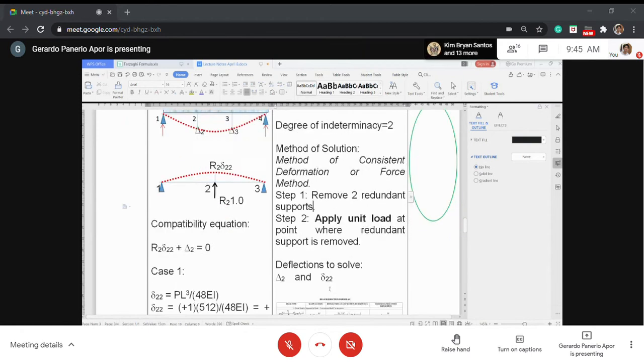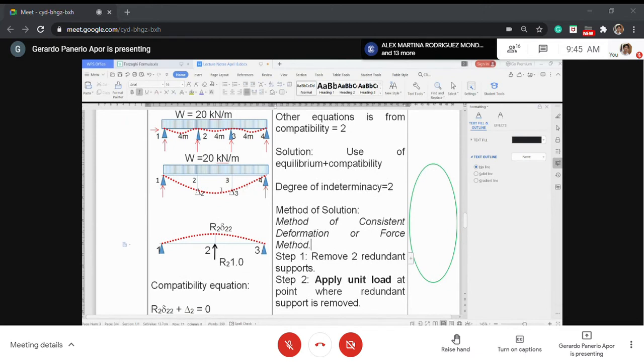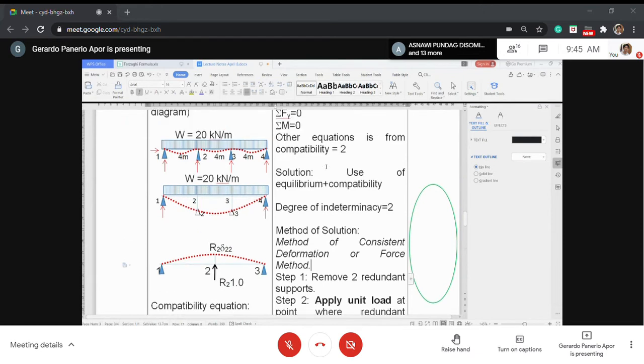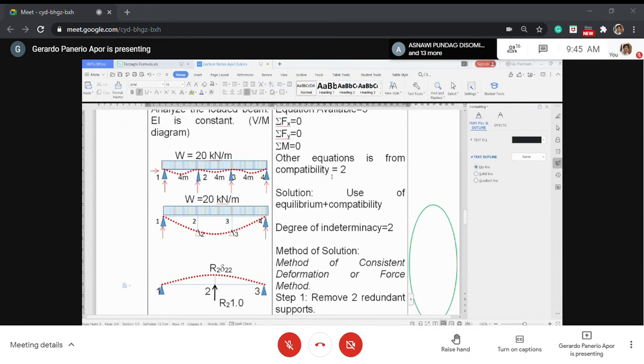So delta 2, so we have to solve the equation delta 2, comma, delta 3, comma, and delta 2. Okay. So that's why, no, we have already removed the redundant support. We know that we will need two more equations from compatibility, and we have not yet established one.